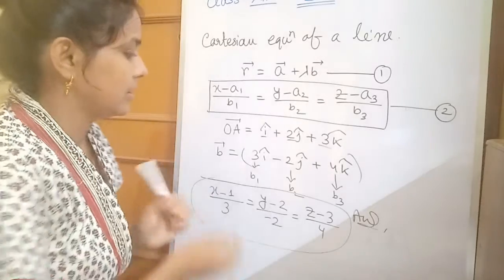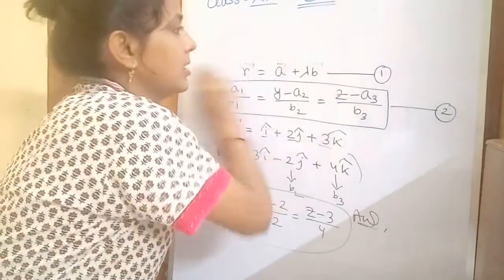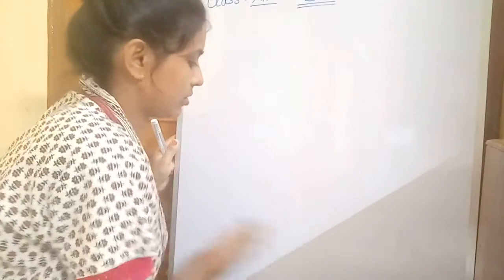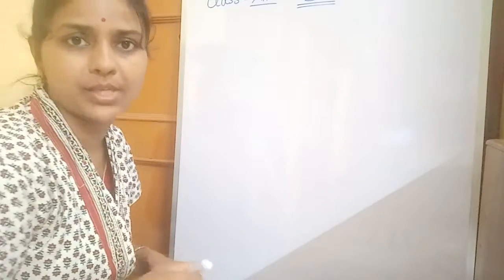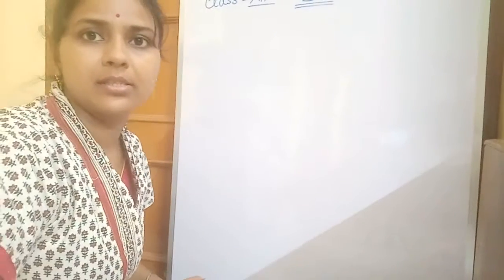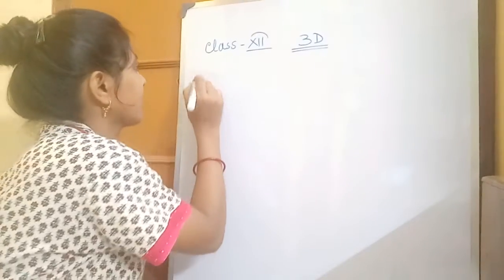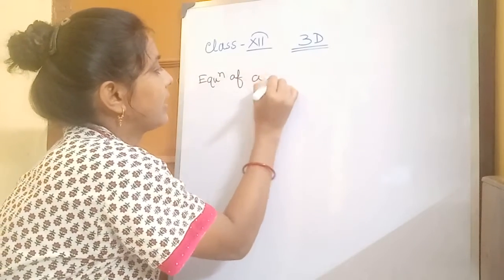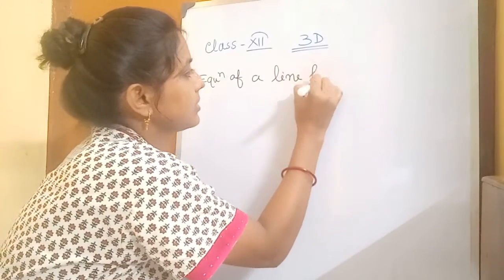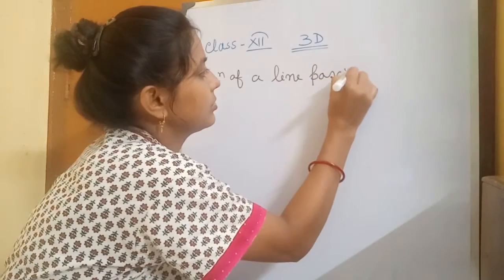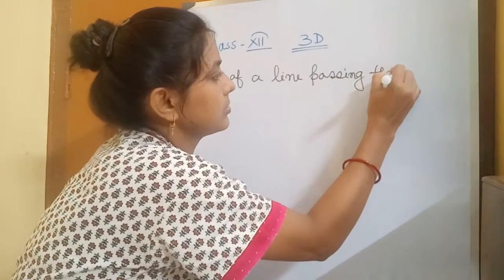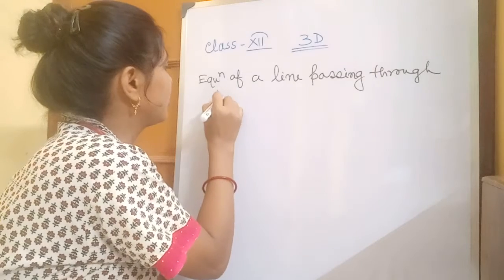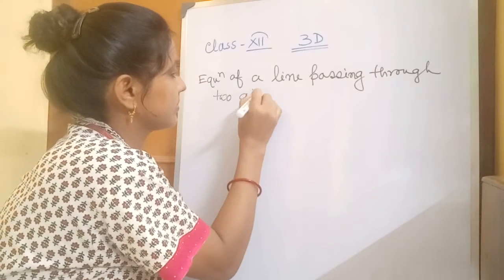Now there is another second condition, that is the equation of a line passing through two given points.